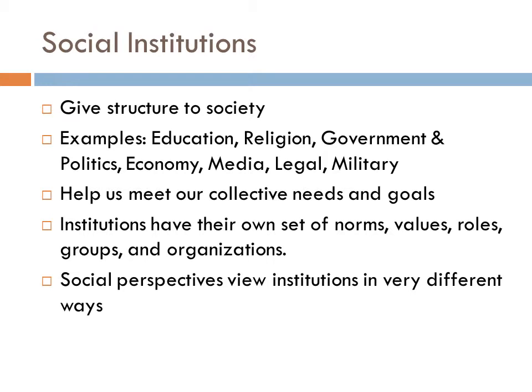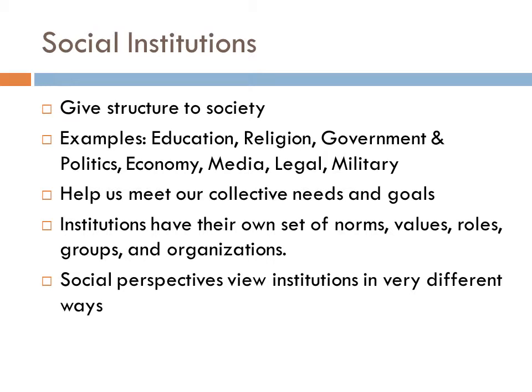Government and politics allocates power. It determines authority. It prevents chaos, although that's questionable at times. The law and the legal system maintain social order and enforce norms. Science studies the environment. The military protects us from foreign enemies or foreign foes and enforces our national interests.